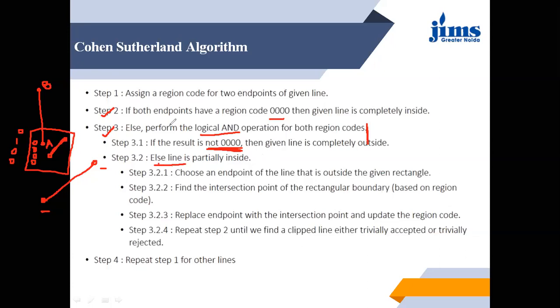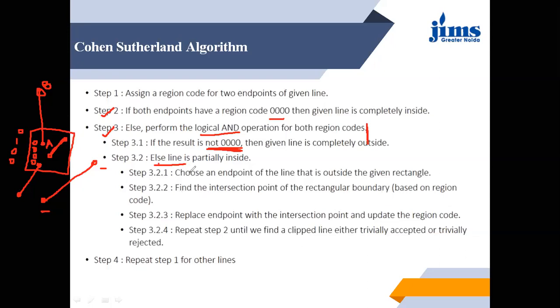First of all, we have to find which point of the line is outside the window, this point or this point, and it can be found based on the region code.